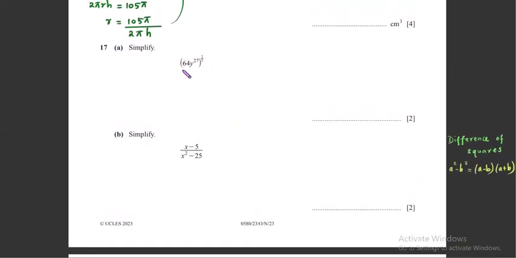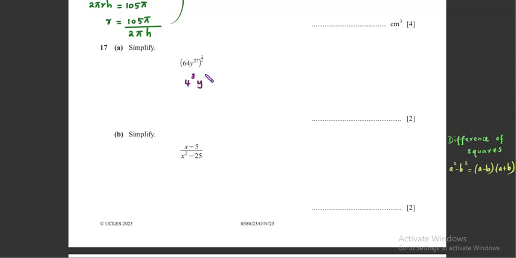We have a question with a fractional index of 2/3 where we need to simplify this. The denominator of the fractional index is a 3, and we have 64 here. So I'm going to write this 64 so that it's written in the index form. So it has an index of 3 or a multiple of 3. So I'm going to write the index as 4 to the power 3 because 4 to the power 3 is equal to 64.